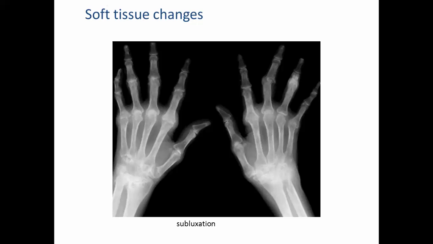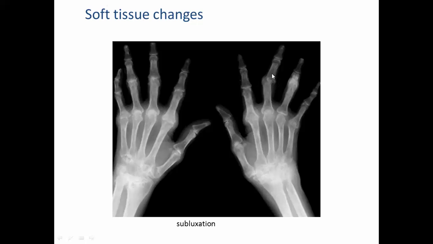Here you can find juxta-articular osteoporosis and erosions, soft tissue swelling around the proximal interphalangeal joints, fusiform soft tissue swellings, plus starting deformities.